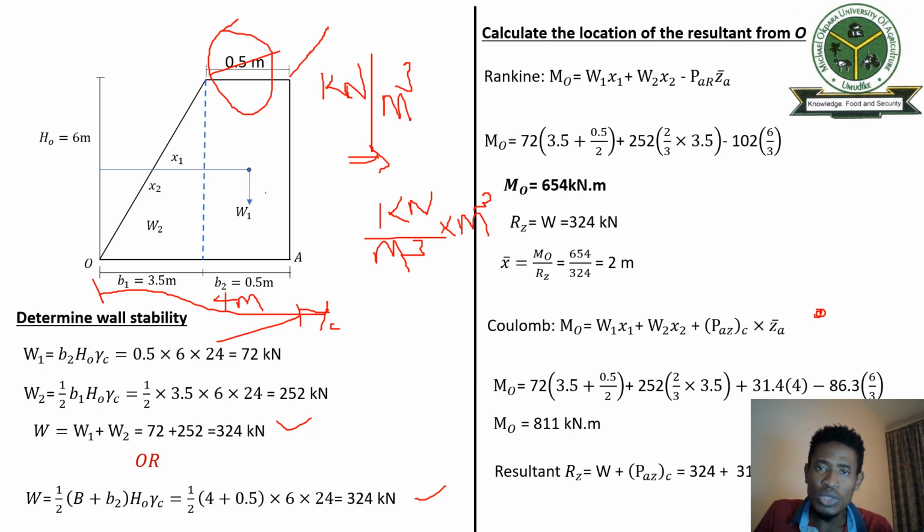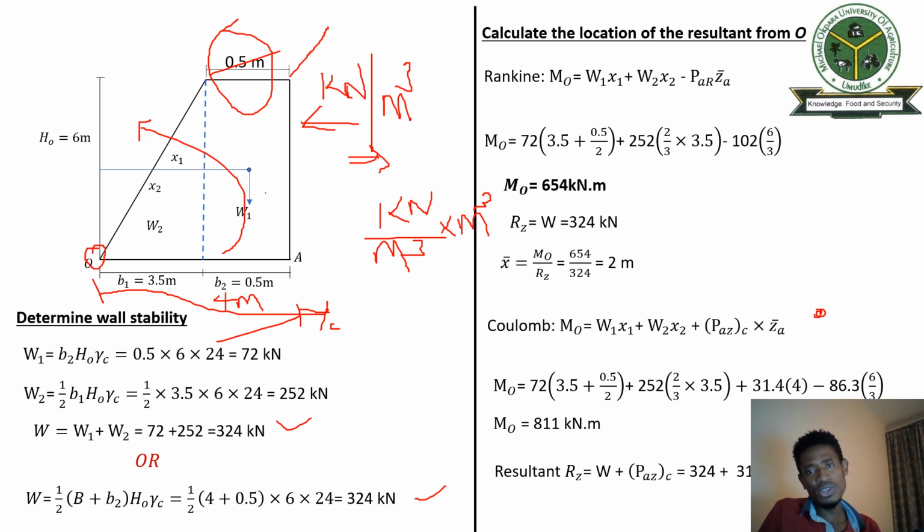Okay, so we move to calculate the location of the resultant of this force from O. We are assuming that if this wall wants to tip over, if you push this wall from here, it is going to rotate in this way.